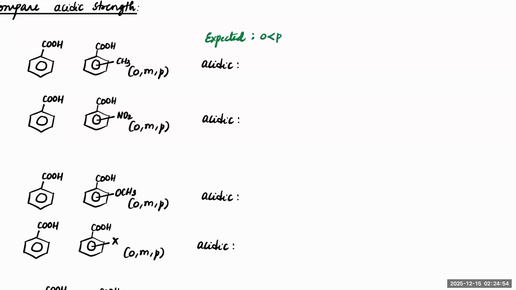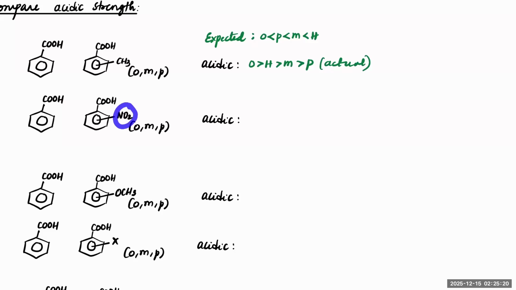And then comes para, then meta, then hydrogen. This is the expected order. But what is the actual order? Ortho will always be greater than the rest of them. This is the actual order. Got it? Thus, you need to check what the expected order is and what the actual acidic order is.